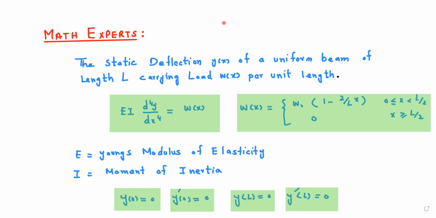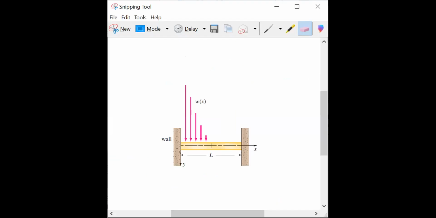For geometry, I will share the screen with you. You can see here, this is the load W. Okay, this is the load on the beam. This is W of x.